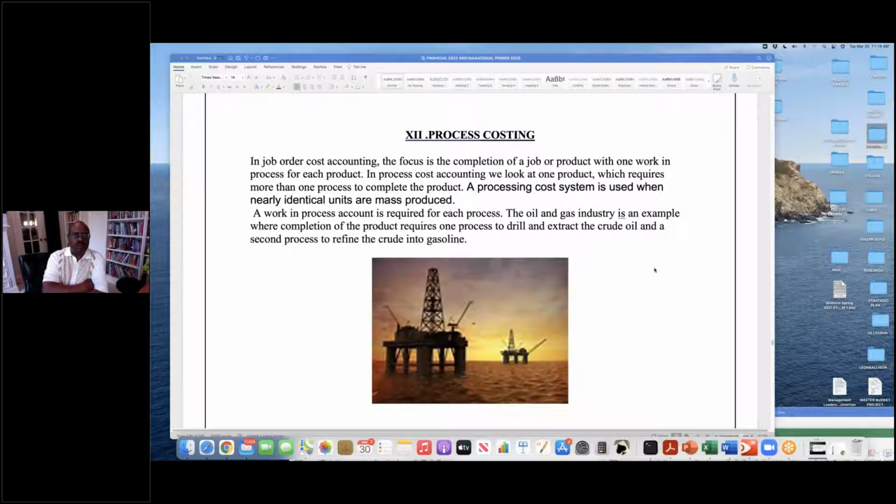As we move to process cost jobs, we looked at completing one product and a number of products, unique whole products that we could separate. When we have something like what happens here in Houston, the oil and gas industry, they actually get crude out of the Gulf. And there's a set of costs that occur in the Gulf.